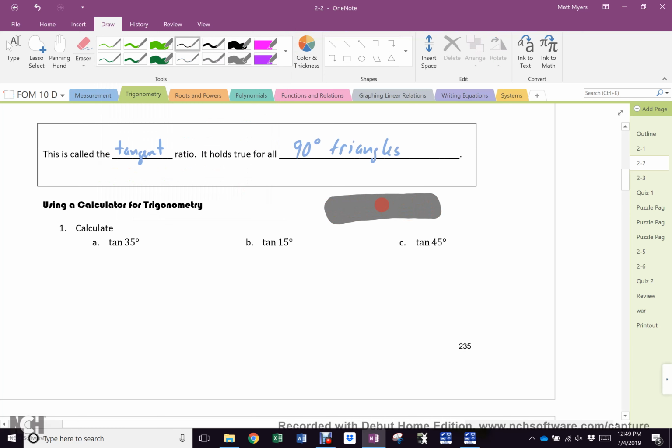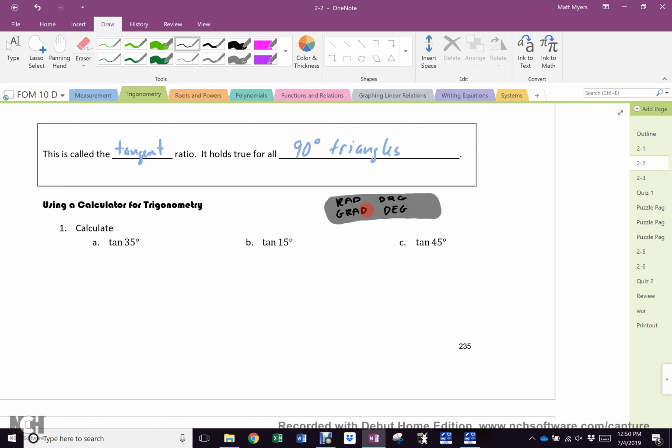On your calculator screen, somewhere you should see either a D, an R, or a G. Or you might see the word DEG. Or you might see the word RAD, or the word GRAD. If your calculator screen has a D or DEG, put down your calculator right now. It's ready to go. Don't touch it.